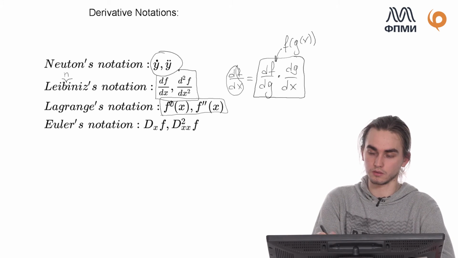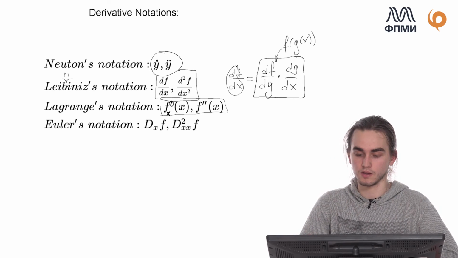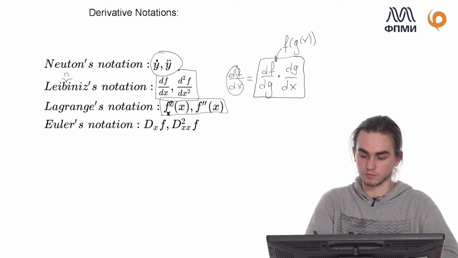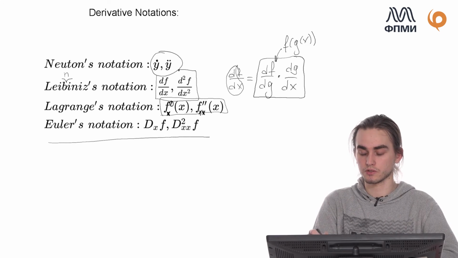Then Lagrange's notations, they're the most common, just primes here, indicating that it is a derivative. Also you can see little letters here. They indicate what variables are used to take the derivative with respect to. Then there are Euler's notations.